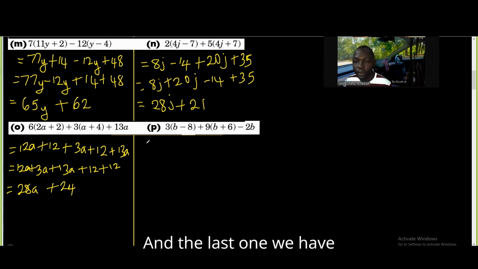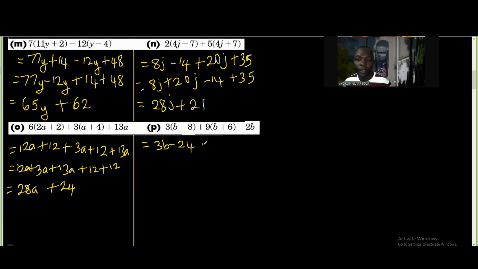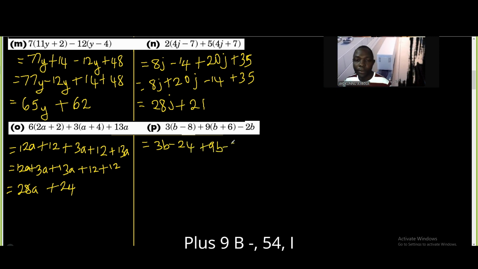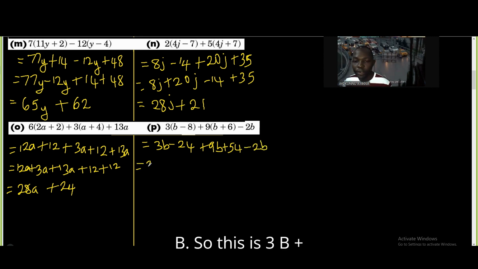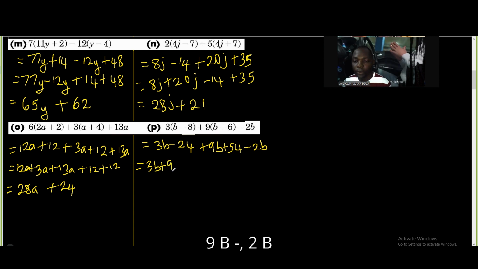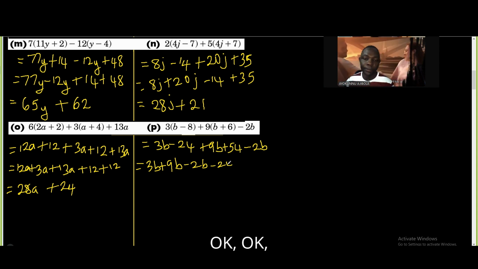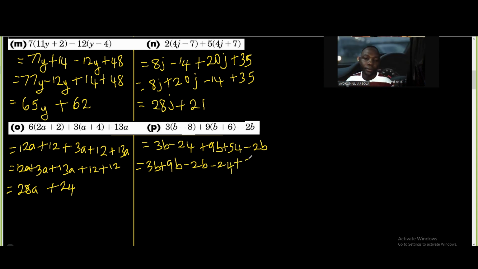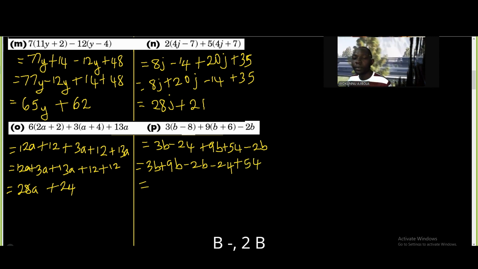And the last one we have 3b minus 24 plus 9b minus 54, plus 54 rather, then minus 2b. So this is 3b plus 9b minus 2b minus 24 plus 54, okay? So what do we have here? What is 3b plus 9b minus 2b?